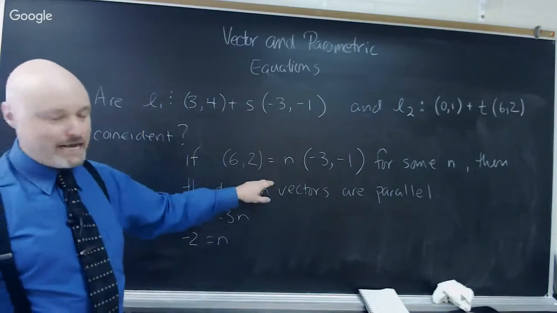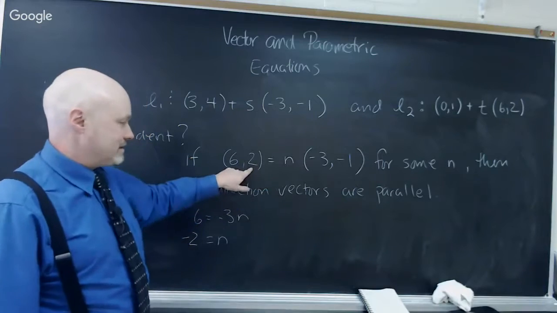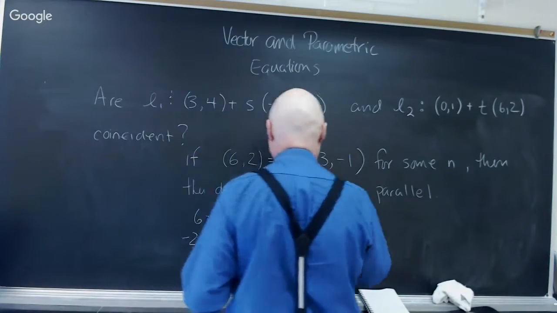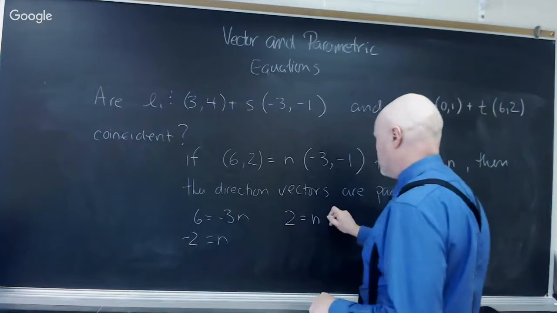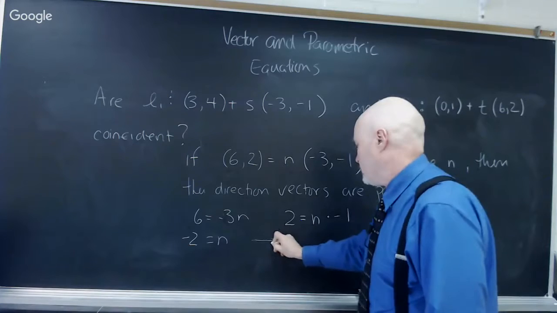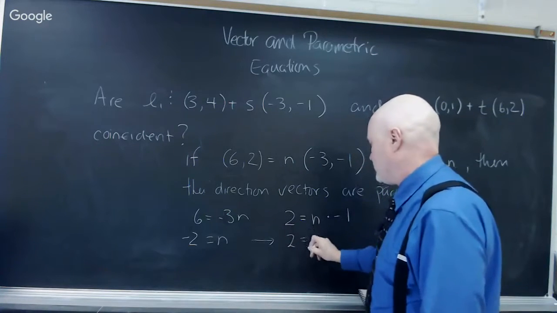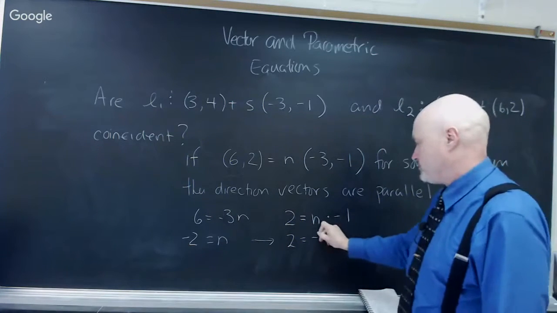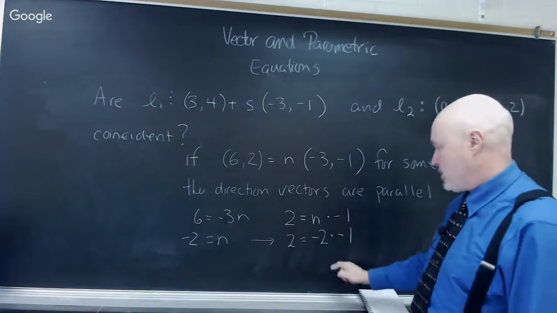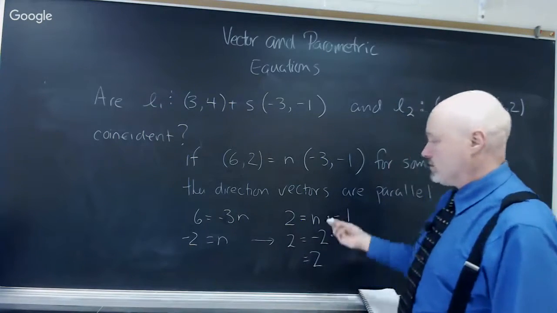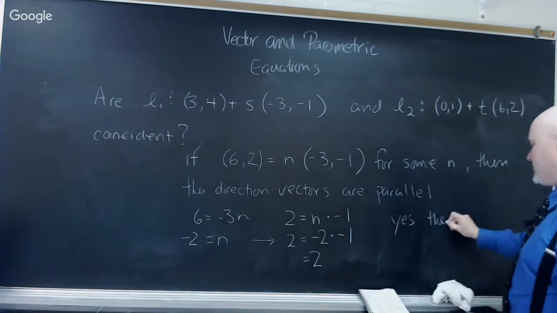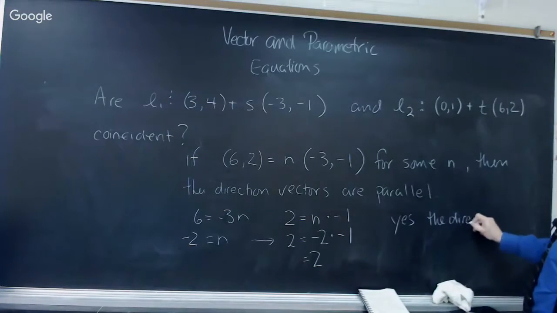Let's see if that gets us the second y value. 2 would have to be equal to n times -1. Over here, we got a value of -2 for n, so -2 times -1 is equal to 2. So the answer is yes. The direction vectors are parallel.